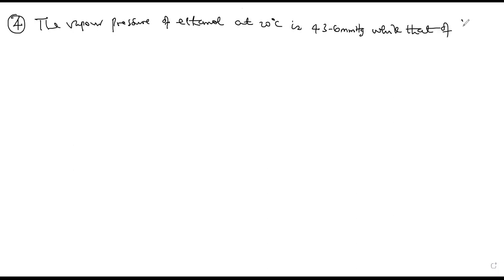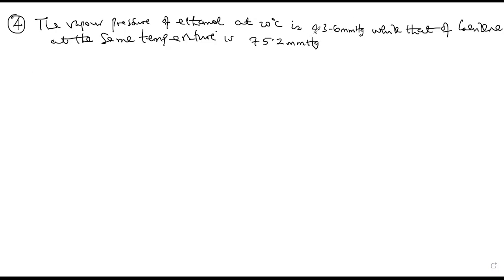The vapor pressure of ethanol at 20 degrees Celsius is 43.6 millimeters of mercury, while that of benzene at the same temperature is 75.2 millimeters of mercury.